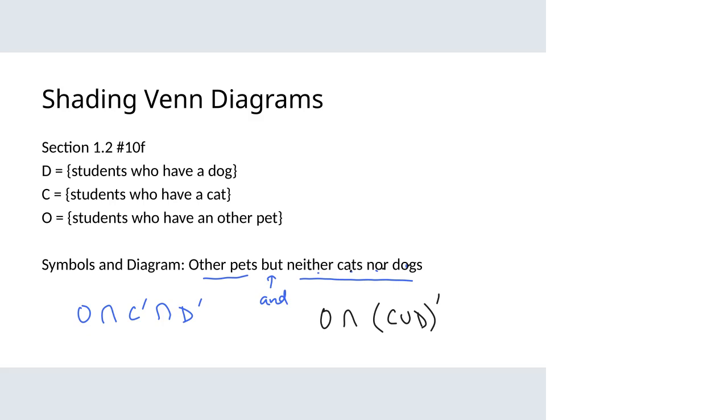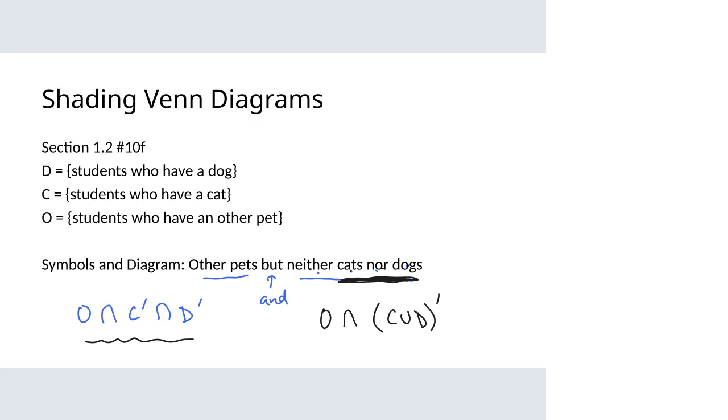And you use the parentheses in a case like this. We want to group the cats and dogs together and say that they don't have cats or dogs. So this is a way where you could use parentheses. You don't have to use parentheses, because you could write it this way if you want to. Those mean the same thing and they would give you the same picture.